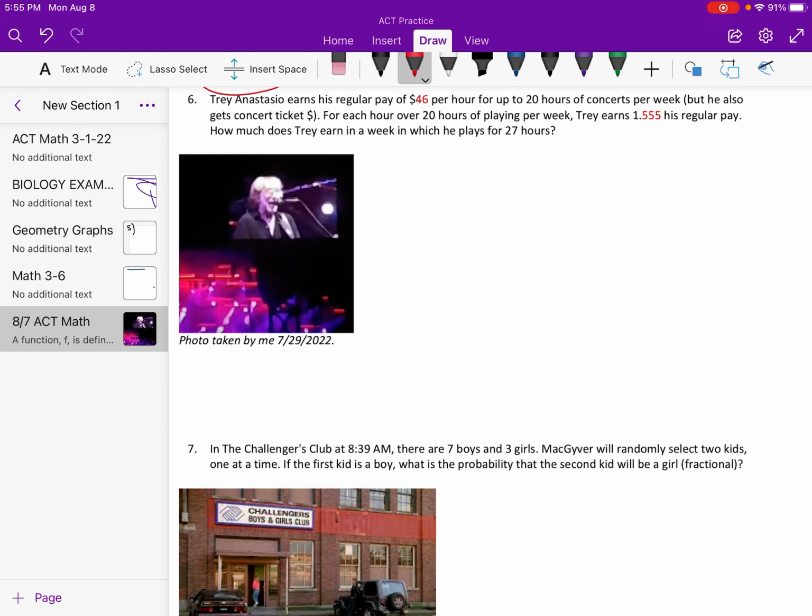So we have to start out by breaking it apart into 20 hours and 7 hours, because those add together to equal 27 hours, but he gets a different pay for each one. So he just gets his ordinary $46 for those 20 hours, but he gets 1.555 pay for the other 7. So we have to do 46 times 1.555, which is 71.53.